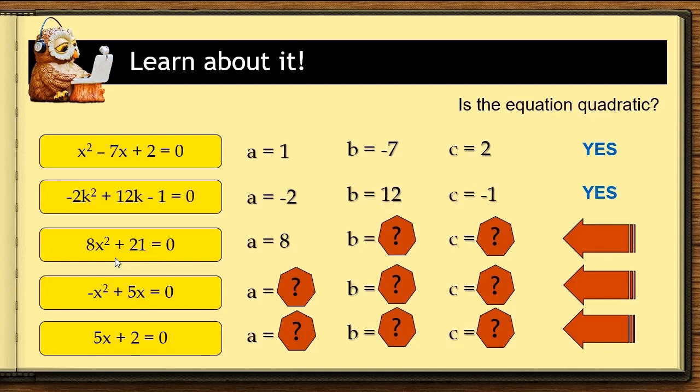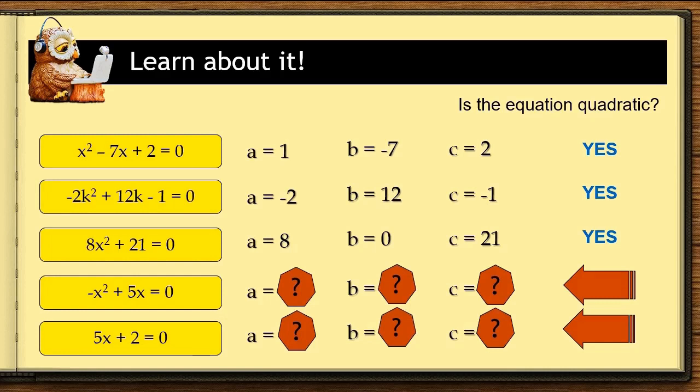Take note, if the linear term is missing, it means that the coefficient of the variable is 0. So the value of b in this example is 0, and the constant is 21. So, is this a quadratic equation? Yes, it is a quadratic equation. In the fourth example, which term do you think is missing?